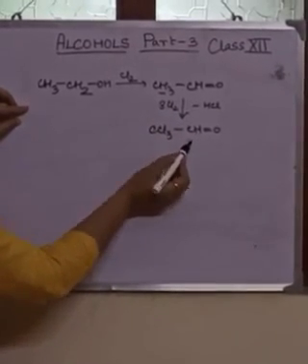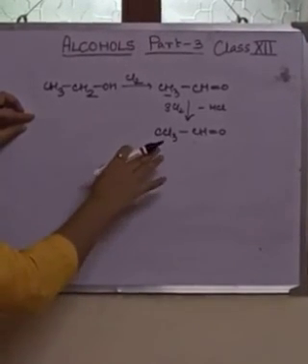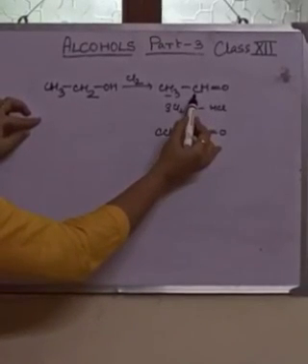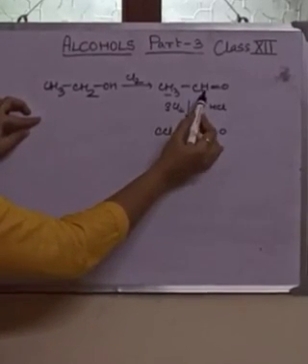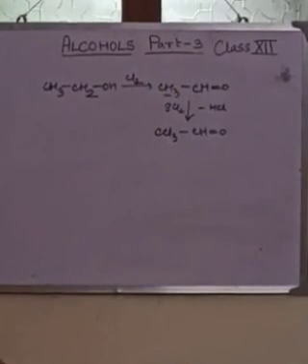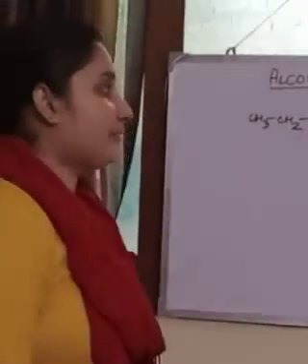This is the product which is obtained. In case of secondary alcohol, the same type of reaction occurs, but here we will get acetone instead of alcohol. Okay, these are the chemical properties or the chemical reactions of alcohols.